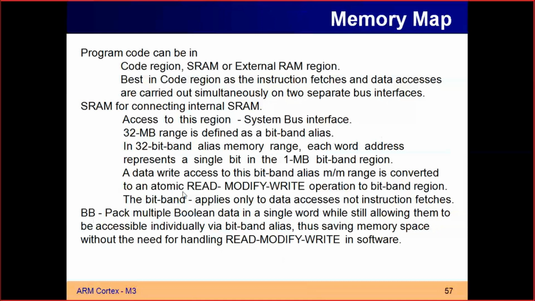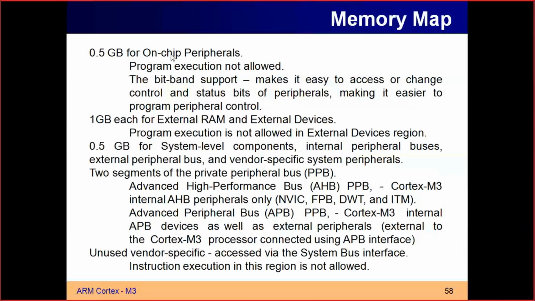Then the next 0.5 GB memory location is used for on-chip peripherals, right? And the important thing is that you cannot store a program here. Why? Because these are the special function registers used by the peripherals, right?